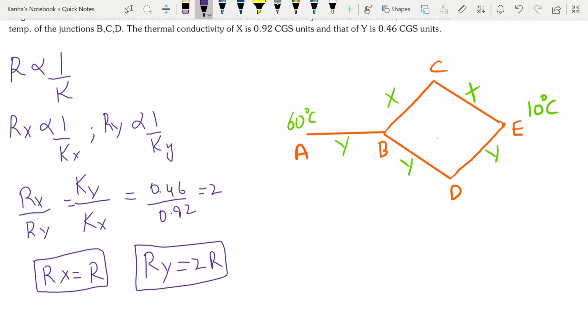With this I can find the total resistance. The total resistance is equal to Ry plus the effective resistance in the bridge. So it is equal to this resistance plus the resistance in this entire bridge.